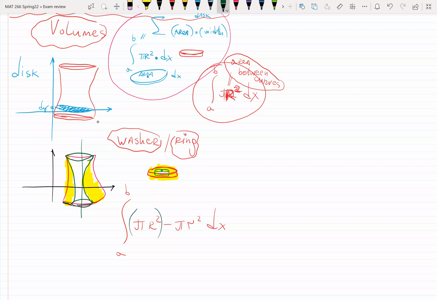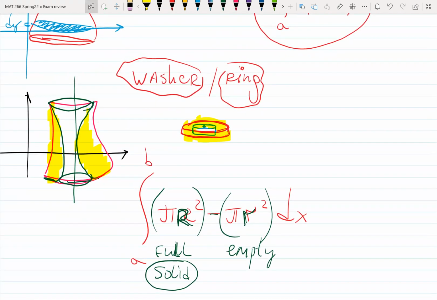You first find the volume of the filled in or full 3D object, the solid. And then subtract the empty part of this 3D object, the hollow. That is why you have a bigger radius first, and then subtract the small radius: pi R squared minus pi r squared. If I zoom in, it will look like so.